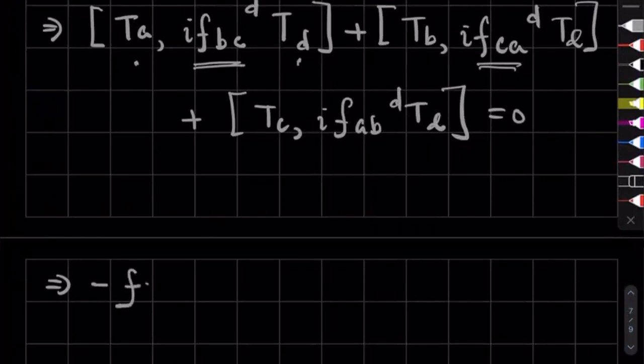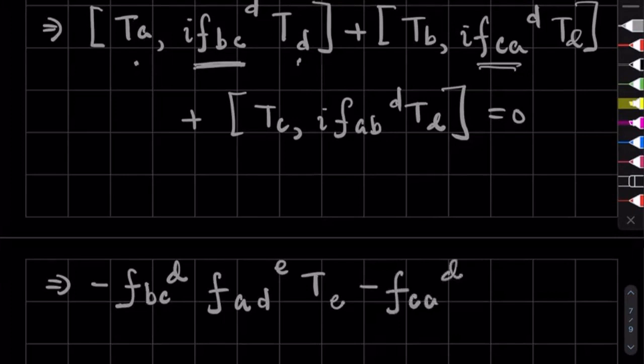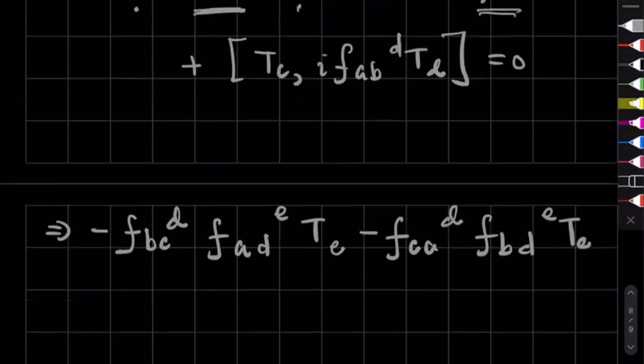And then we have f_BCD, which is this thing, and then we have f_DET_E. Similarly, in the second term, we have f_CAD f_BDE T_E.